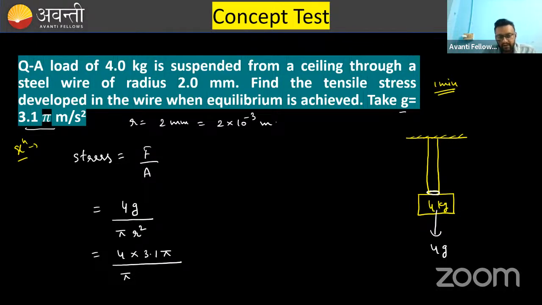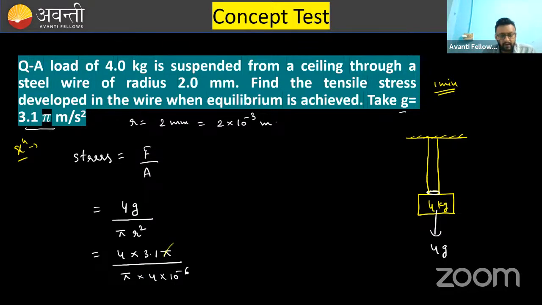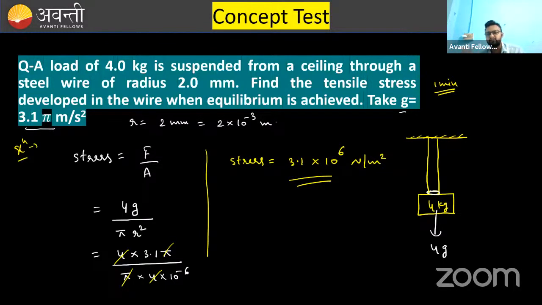Pi r square, if I square it, will become 4 into 10 raised to the power minus 6. You can cancel things: pi will cancel pi, 4 will cancel 4. So what is the stress? 3.1 into 10 raised to the power 6 Newton per meter square. This is your answer. This is a very simple question actually. You can easily solve it.